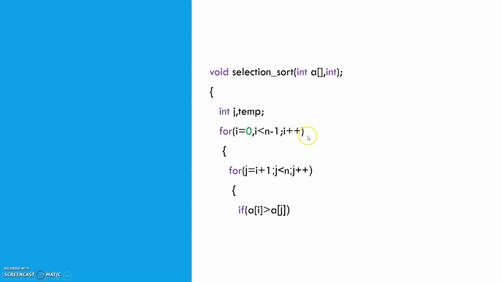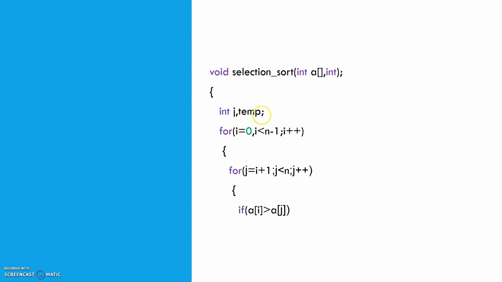We'll use a for loop which will be for i equals 0, i less than n minus 1, i plus plus. And inside this for loop, we'll use one more for loop, which will be for j equals i plus 1, j less than n, j plus plus.